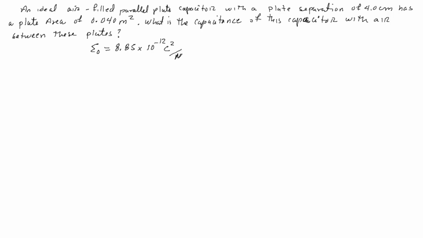So we know the plate separation and we know the plate area. We know the permittivity of free space, but we don't know the capacitance. So this is a very simple calculation. The only problem here is that the distance between plates is given in centimeters, and I need to work in meters.